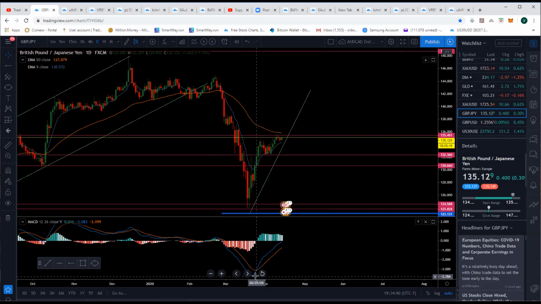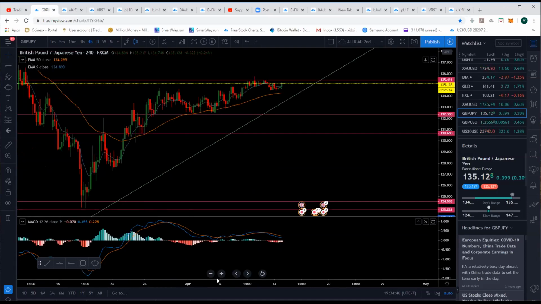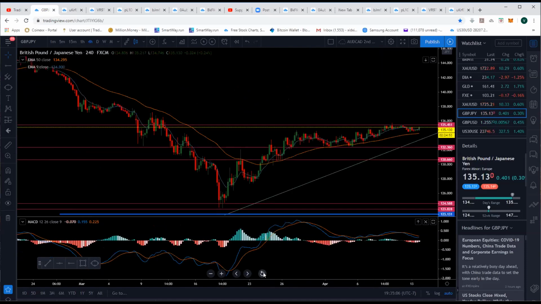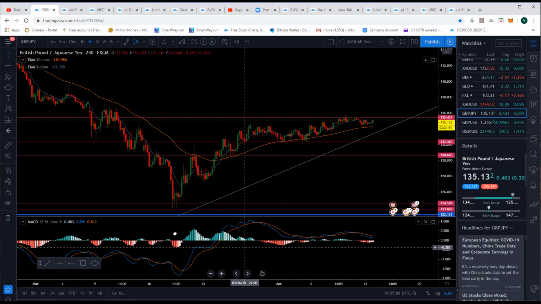Plus, if you go to the 4 hour, they're not really separated very well here. But you can see price is going up and the MACD is going down.